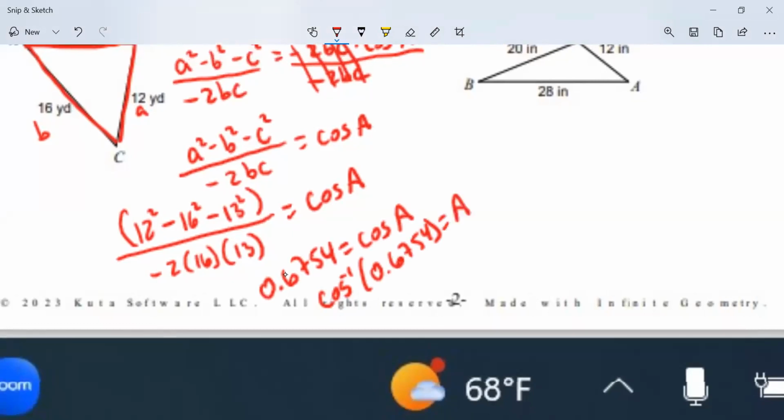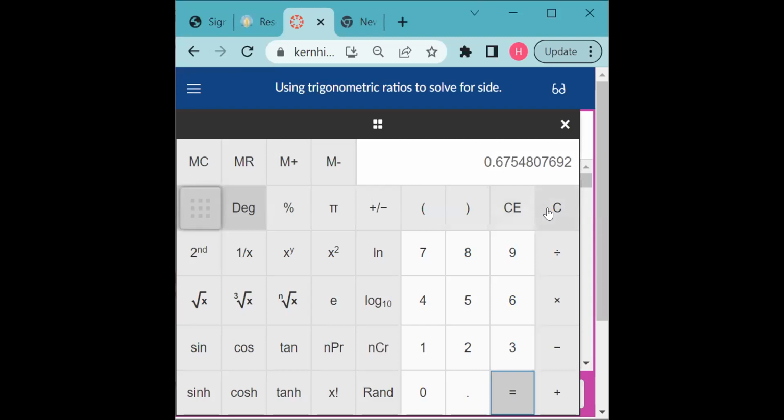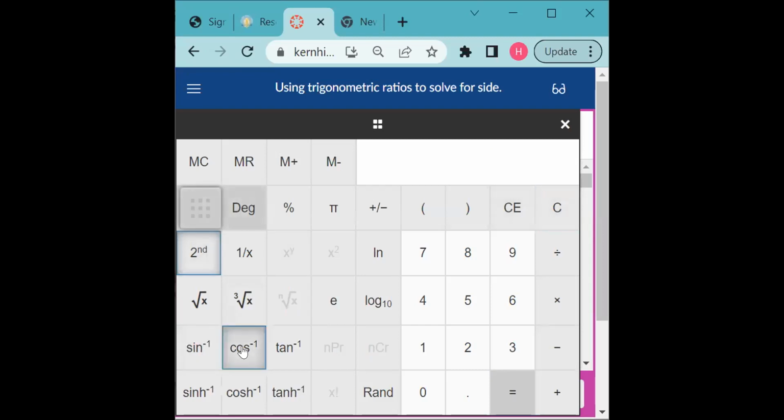Okay, so let me come back to my calculator. Clear this out. I need cosine inverse, so I've got to go second cosine. So cosine inverse of 0.6754.